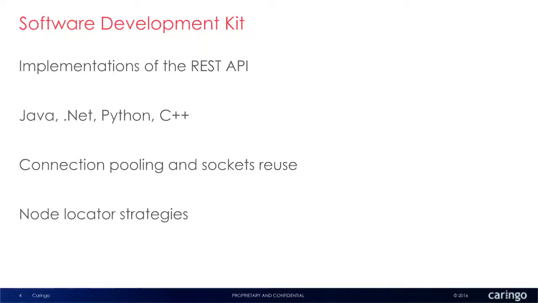And what we've found along the way is that people would ask us, okay, well, that's all nice, but do you have code samples, or do you have best practices or recommendations for implementing those APIs? So what we've done at Caringo, and I think what best of breed object stores have also done, is include software development kits that actually implement that REST API.